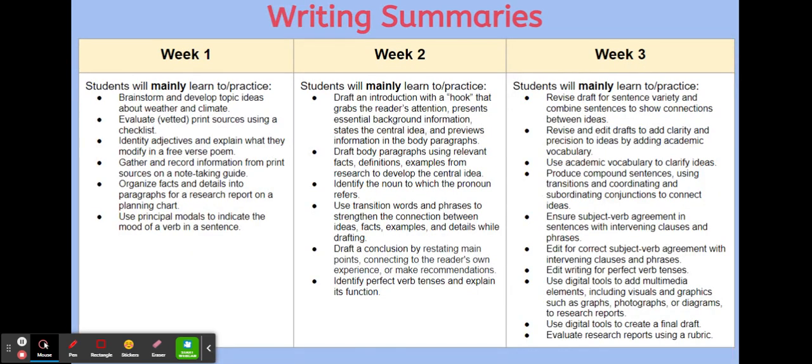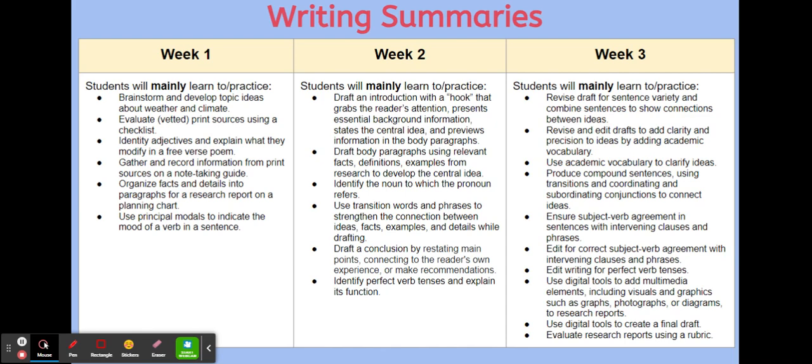Now, by looking at the writing summaries across all 3 weeks, we can see that in week 1, the students are brainstorming topic ideas about weather and climate, researching and taking notes from valid sources, and organizing information from sources for their essay. During week 2, students utilize their plans to draft an introduction that grabs the reader's attention. They then draft body paragraphs using facts, definitions, and examples to develop the central idea.